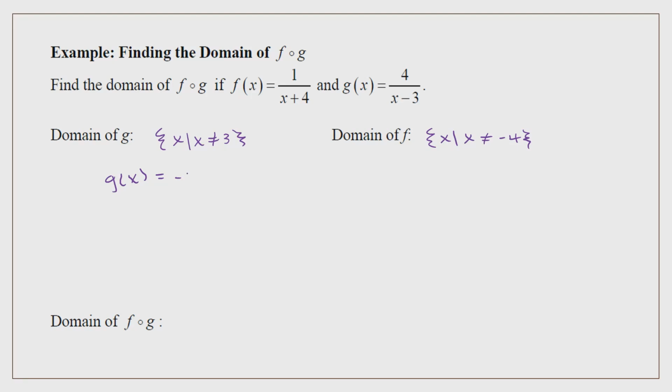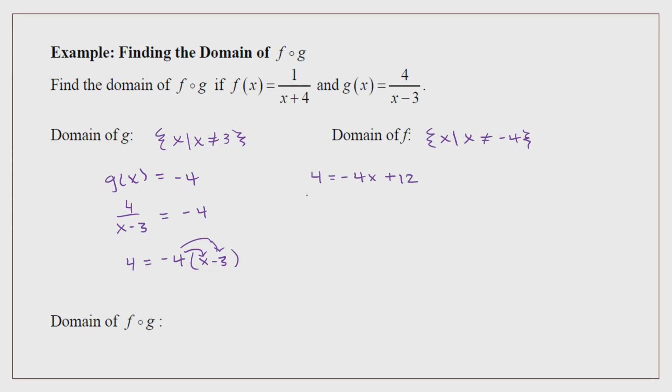So first, let's find the values that would get us negative 4 for g of x. g of x equals 4 over x minus 3, and we want to set that equal to negative 4. So 4 equals negative 4 times (x minus 3). We can distribute the negative 4. So 4 equals negative 4x plus 12.